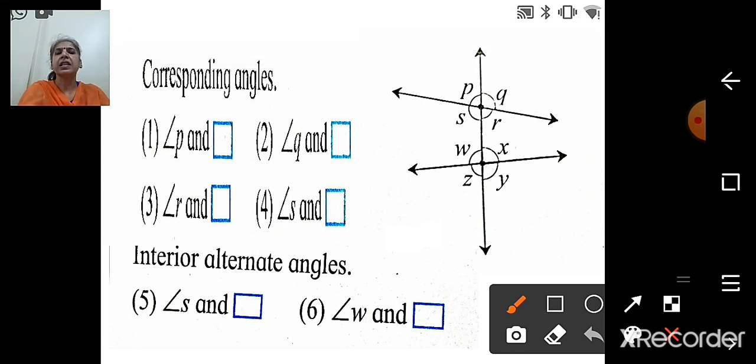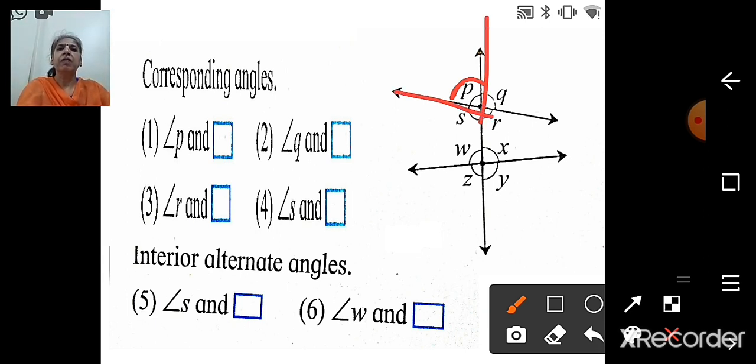The angles, yes children, are on the same side and in the same direction, right? So let's see now angle P. If angle P, then the corresponding angle is in the same direction. You can see going upwards.